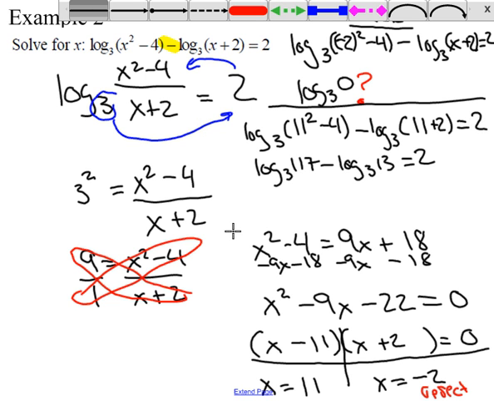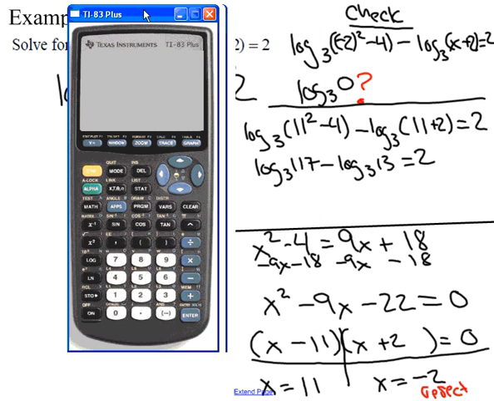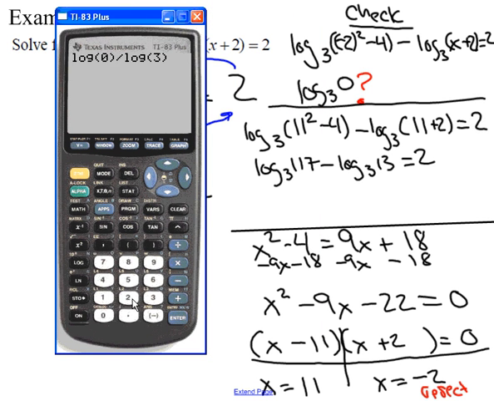Okay, so let's evaluate log base 3 of 117. Log base 3 of 117 is going to be log 117 over common log of 3, and that's approximately 4.33.